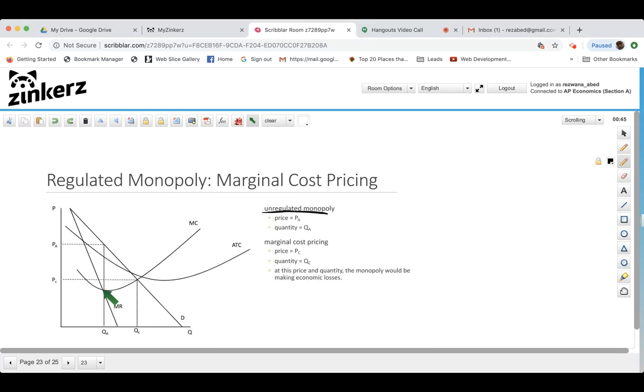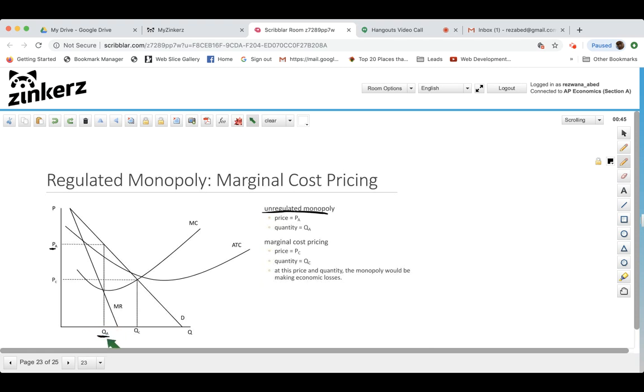The intersection of marginal revenue and marginal cost is the quantity that they're going to produce. And the price, you just take this quantity up to the demand curve and dash it over to get the price. So PA is the price that the unregulated monopoly will charge, and QA is the quantity that they will produce.